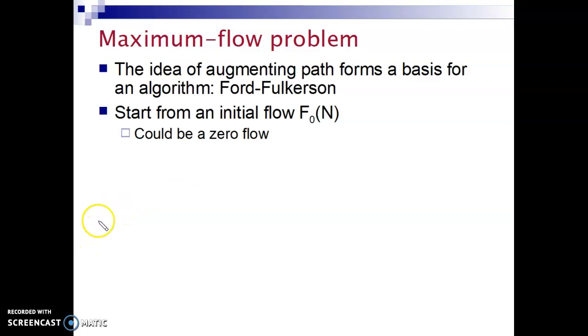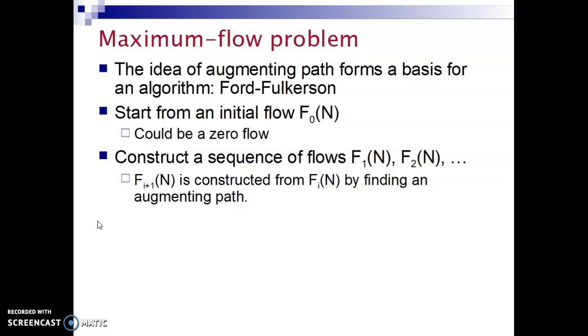And we can still augment the flow step by step to reach the maximum flow. By starting with F0, we construct a sequence of flows F1, F2, until we reach a maximum value. So along the sequence, F i plus 1 is constructed from F i by finding an augmenting path.